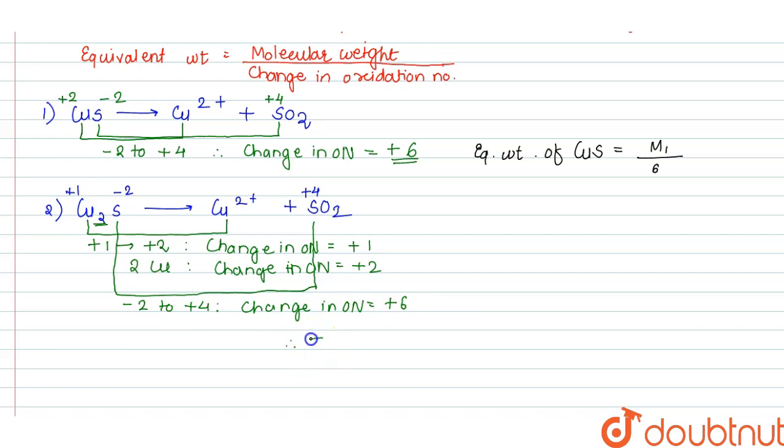Therefore, the total change in oxidation number is equal to +6 and +2, which is +8. Therefore, the equivalent weight of Cu2S is equal to its molecular weight given as M2 upon change in oxidation number 8.